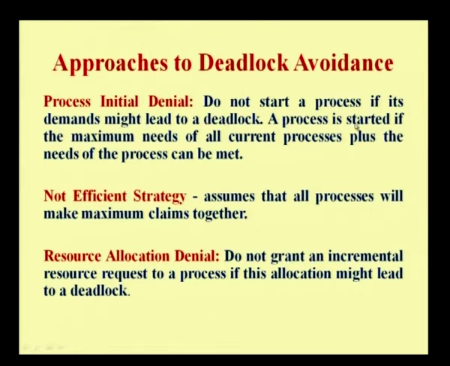A process is started only if the maximum needs of all current processes plus the needs of the new process can be met. So you are not supposed to start a process if you know that it might encounter a deadlock, and you might not allocate the entire resource to a person.